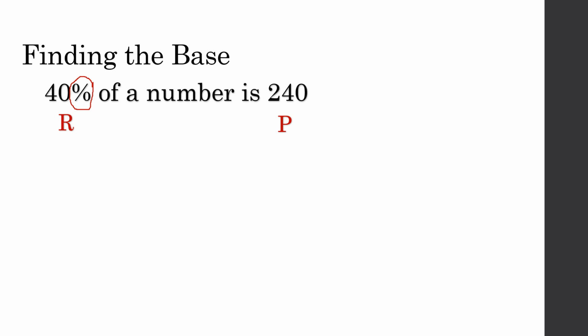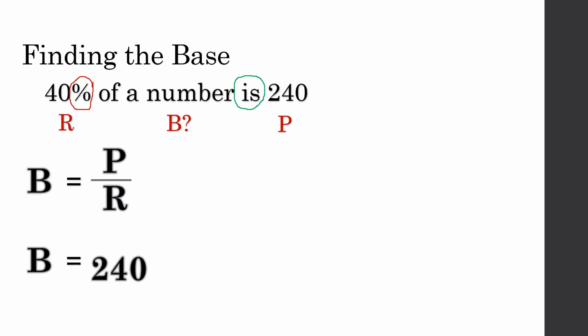Kasi nandun yung salitang is. So what is missing? Rate is present, percentage is present, therefore the missing element is the base. The next step is to write the formula. Base is equals to percentage divided by the rate.